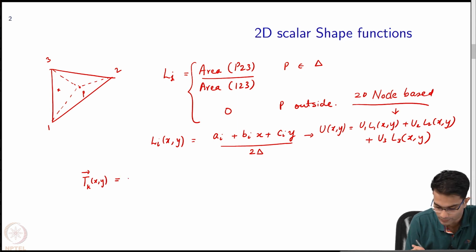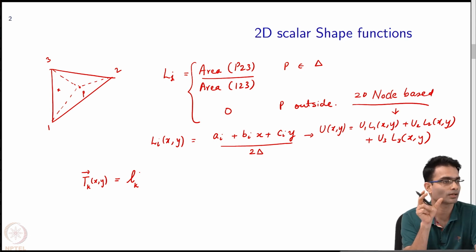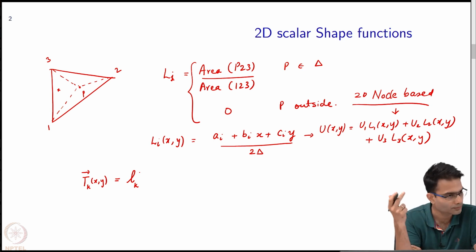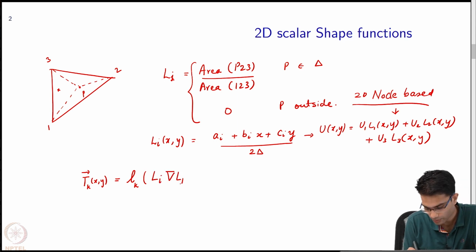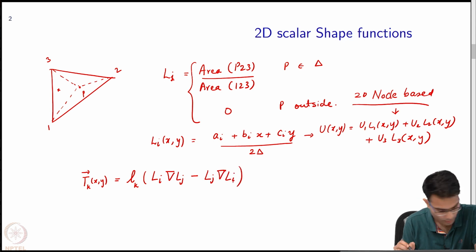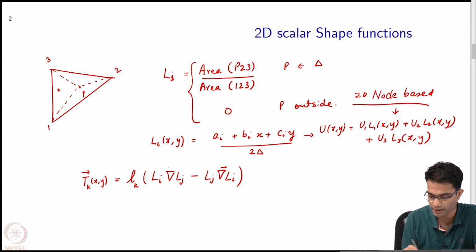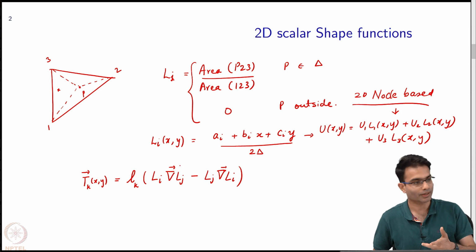I define it as, so Lk is the length of the kth side. So, k can be 1, 2, 3, and Li. Notice where the vectors are coming in from, I am taking a gradient of this.